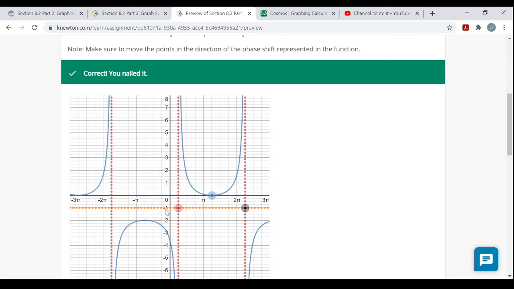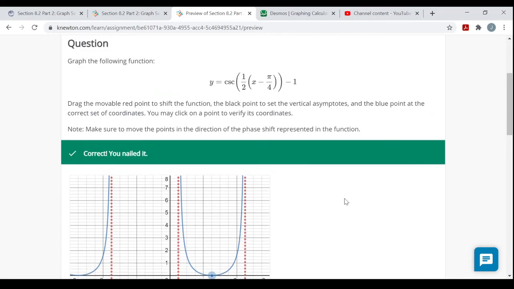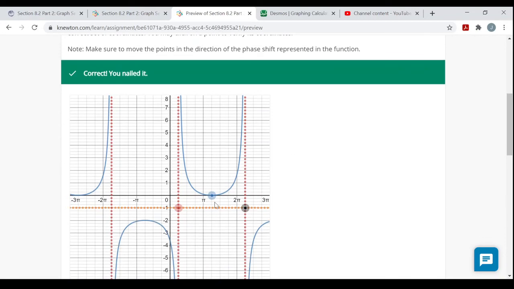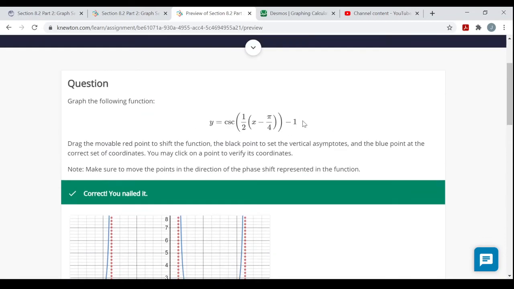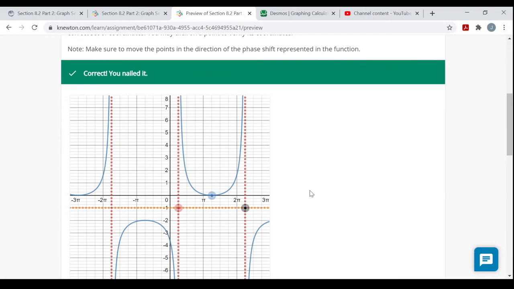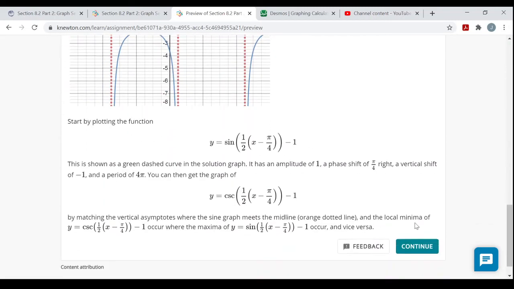Because remember, it takes two sets of asymptotes to get one full cycle. So the distance between one pair of asymptotes should be half the period. And what's being added or subtracted afterwards tells you the vertical shift.